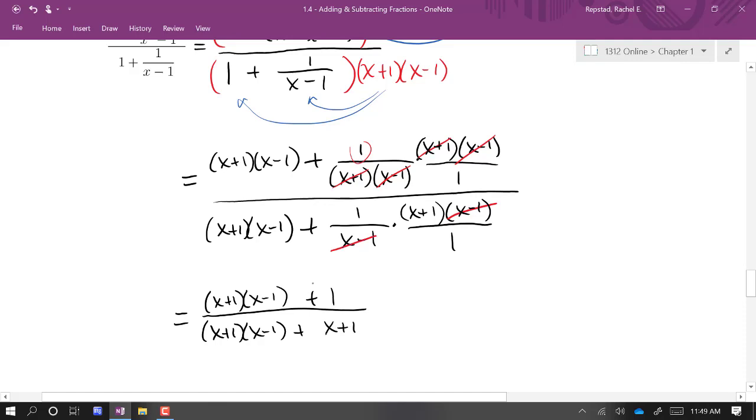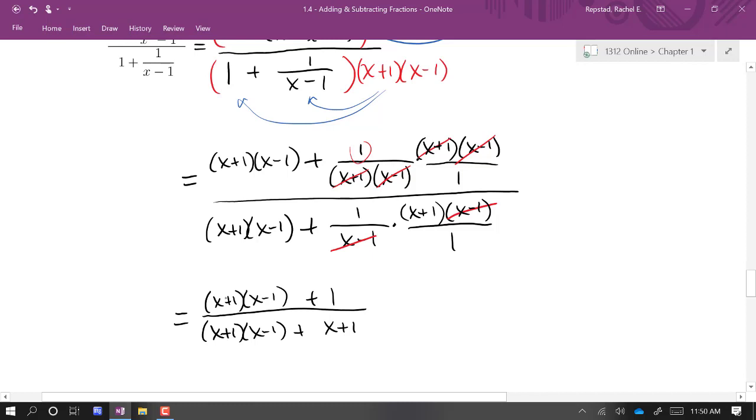Now, hopefully, when you look at this, you're telling yourself, I definitely cannot cancel the x plus 1, x minus 1 that appears at the beginning of the top and the bottom of this fraction. The reason that we can't is that those are not factors of the whole fraction.